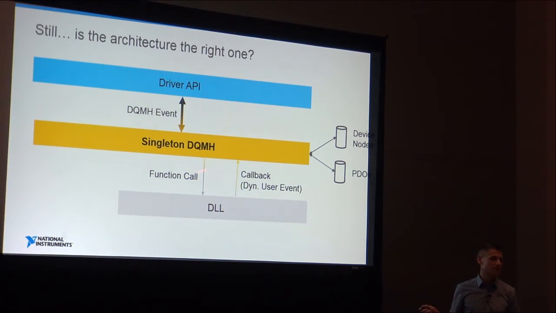I have to use this interface. I can't reduce this; it is given by the DLL. The DLL is fixed. But what about the interface between the asynchronous working module, which right now is an actor, and the driver API? I could as well use a singleton DQMH module here and just communicate with DQMH events. They would cover it all.